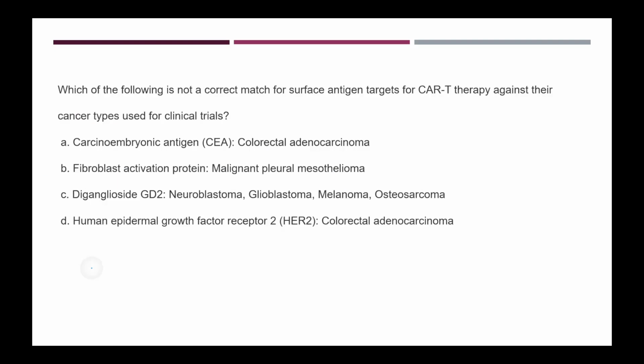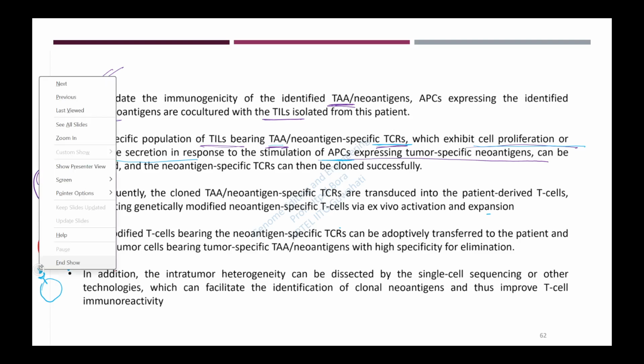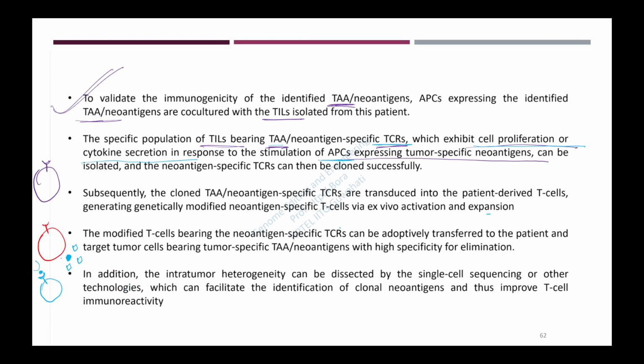So if this neoantigen is being expressed on that particular surface, then out of these three cells, this particular T cell which is having a receptor against those neoantigens can be isolated, and this neoantigen specific TCRs can then be cloned further.